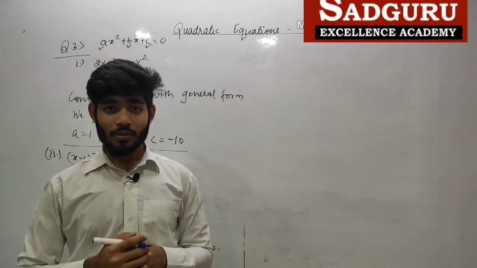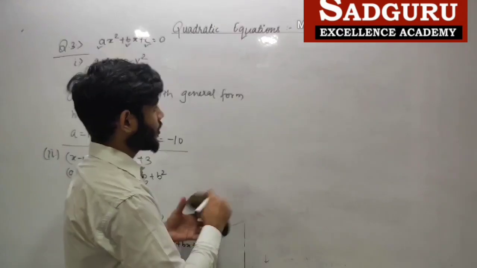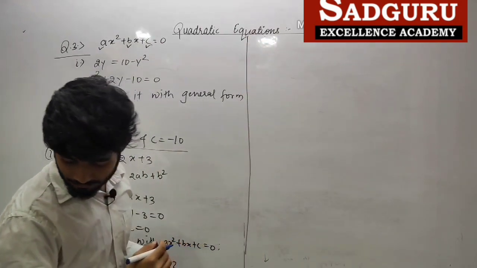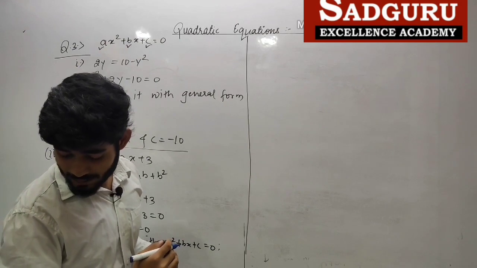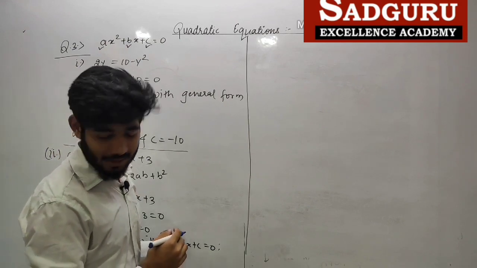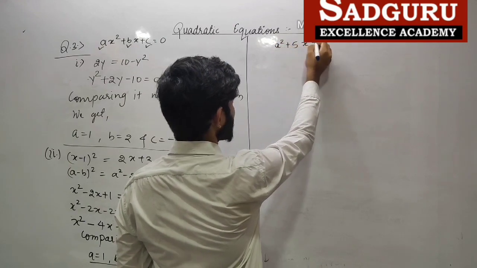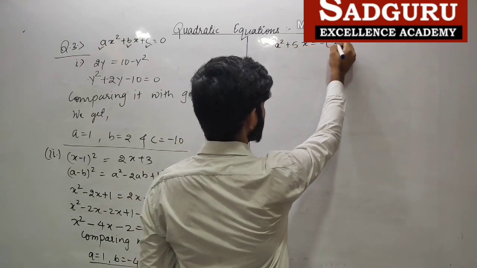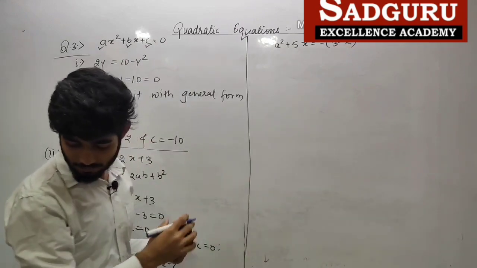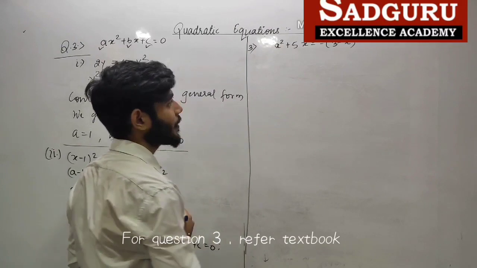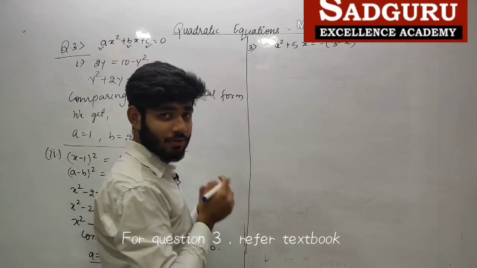Alright, so now we'll move to the third question. The third question is x square plus 5x equals minus 3 minus x. Okay, so let us solve this. First we'll convert this into the general form.